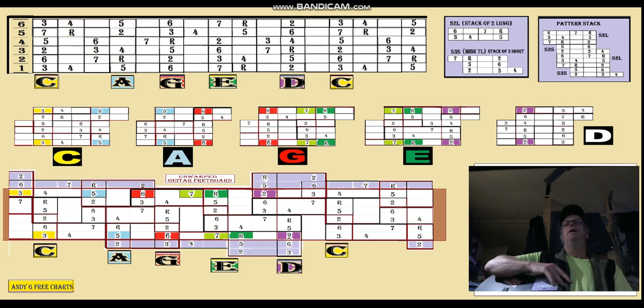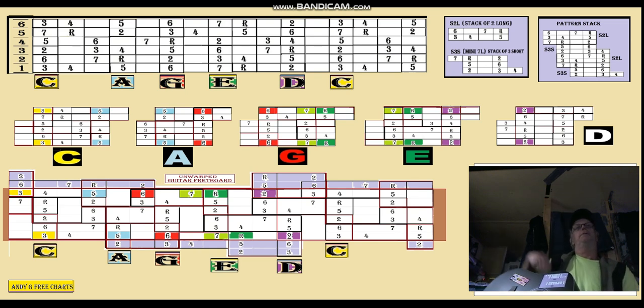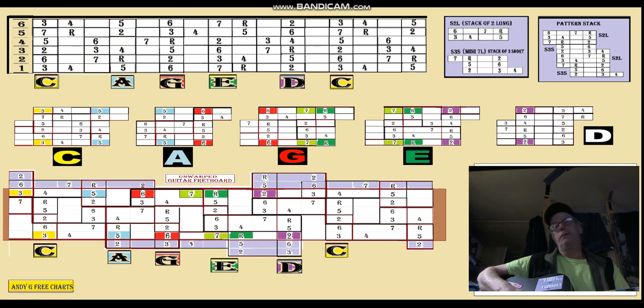Okay, so what I was going to cover, which I'm a little tired, was that we're going to start. When you're doing a B flat major here, E-shaped B flat, where's the root on E shape?